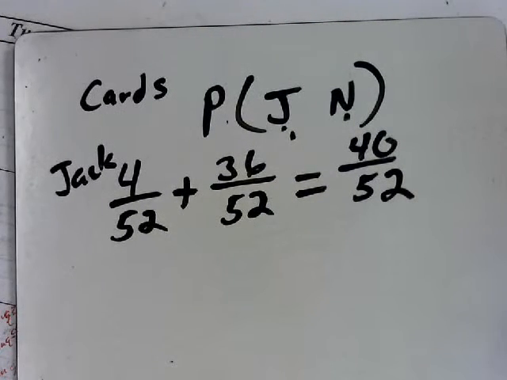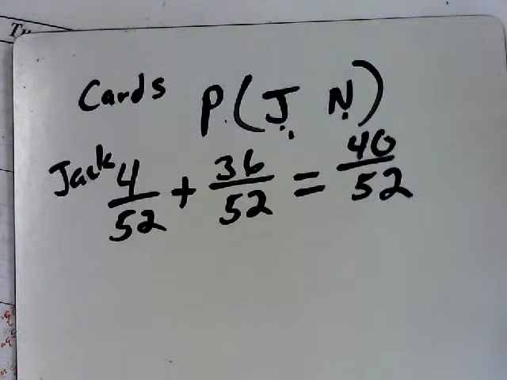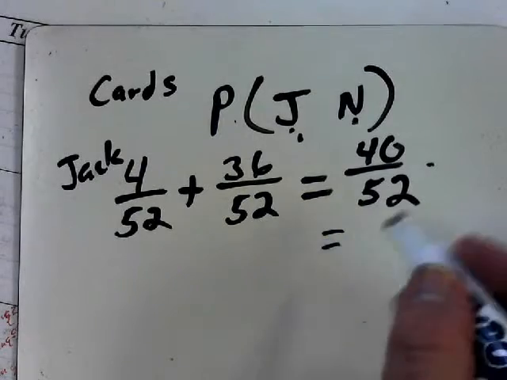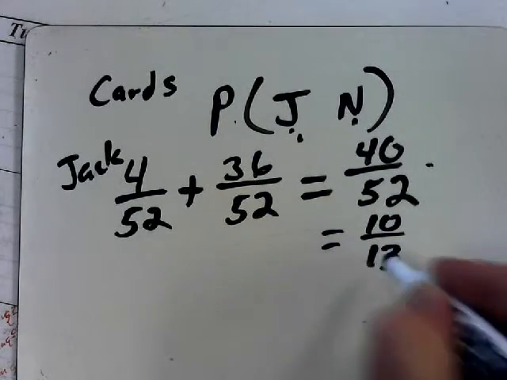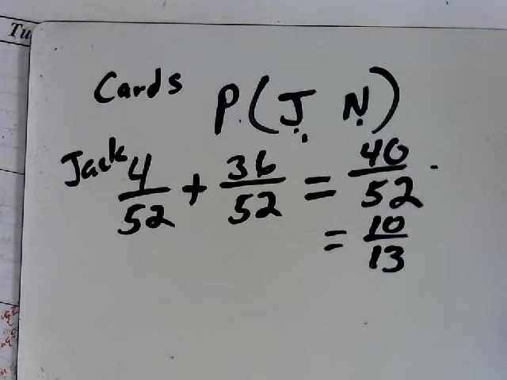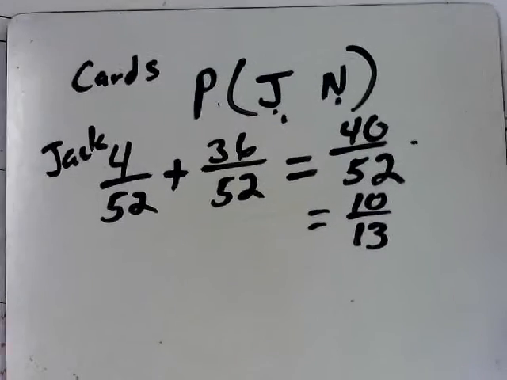That's why I replaced the cards so that I didn't have to find the common denominator. Can this be reduced? Yup. Oh, look at you. 10 out of 13. Okay? Does that make sense? Okay.